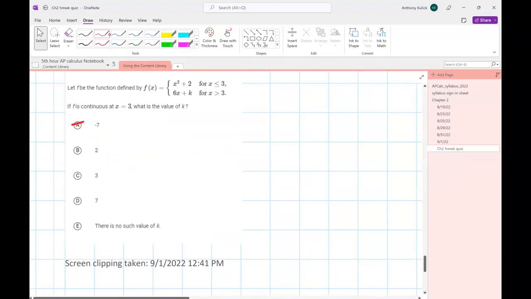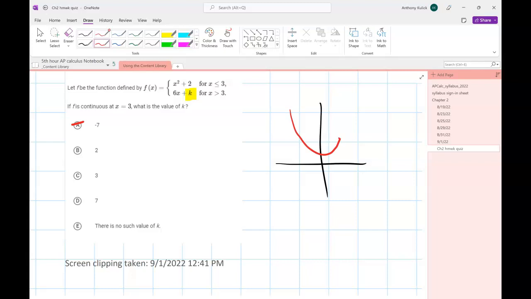The next one gives us a piecewise function, but the second piece has an extra variable in it, and they're asking us, okay, for this piecewise function to be continuous, specifically at the boundary between the two pieces, what does that value of k have to be? Well, what we're really drawing here is, I got my first piece of some quadratic, and then I want to pick the k so that my next piece attaches right over the end.